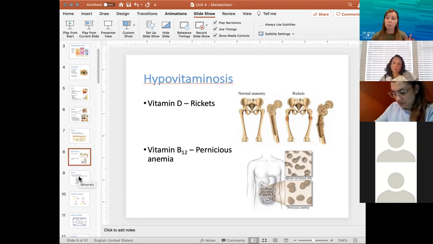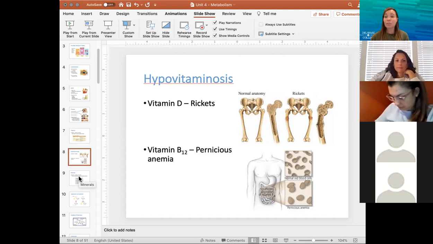Remember, we talked about the two types of vitamins, water soluble and lipid soluble. Which category do you think this is going to happen with? A buildup of too much of a vitamin. Fat soluble? Right. It can really only happen with the fat soluble vitamins because those are the ones that can be stored by the body.